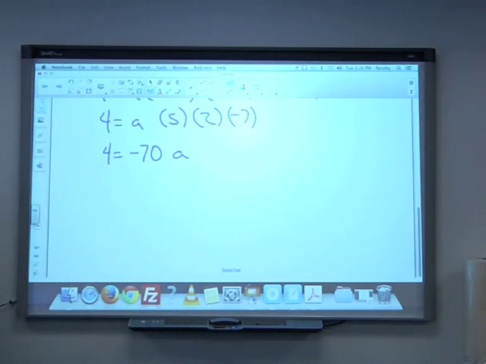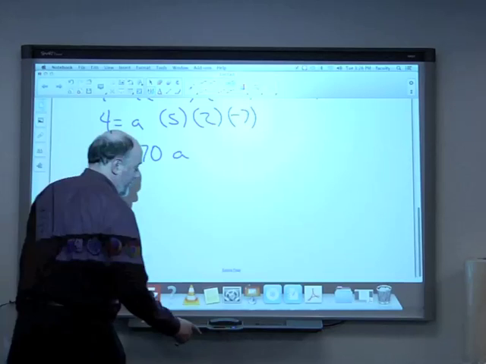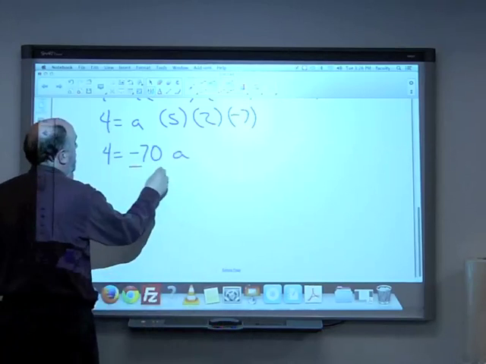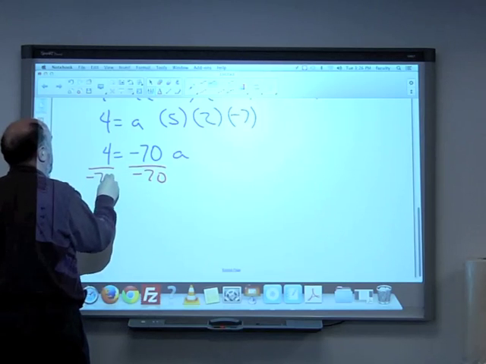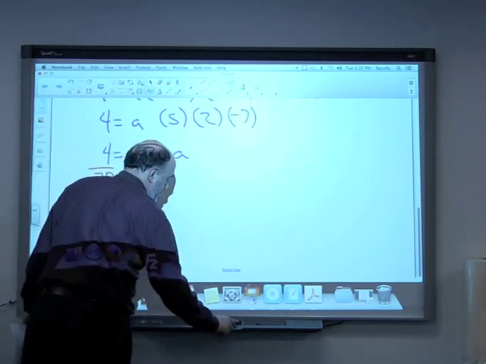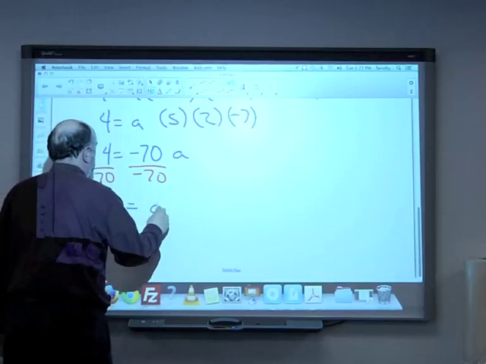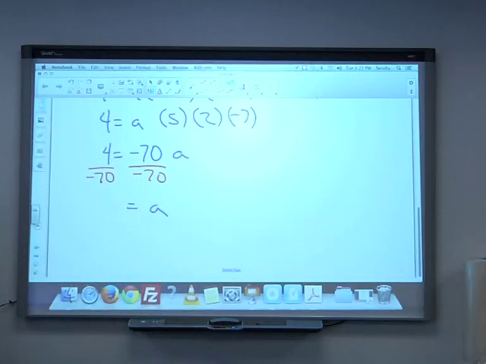The opposite of multiplying is dividing. Well, 4 over 70 can be reduced.